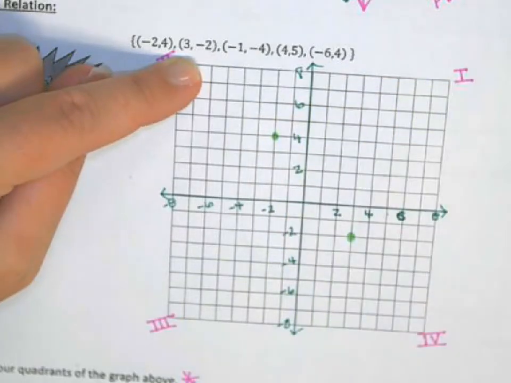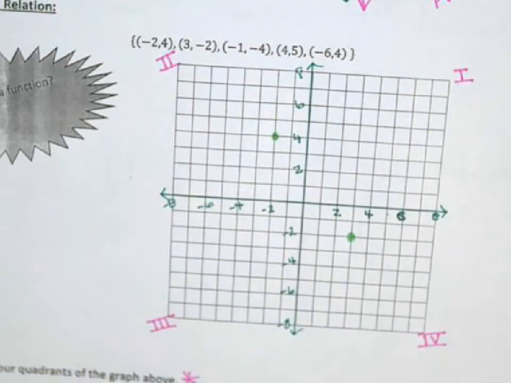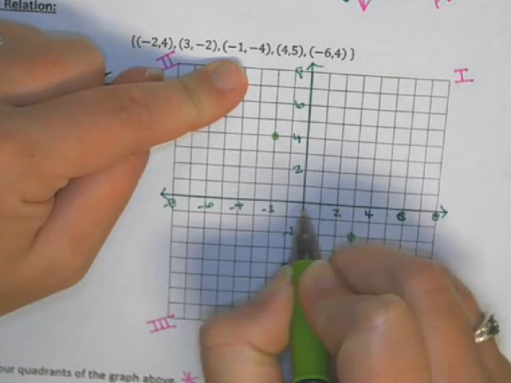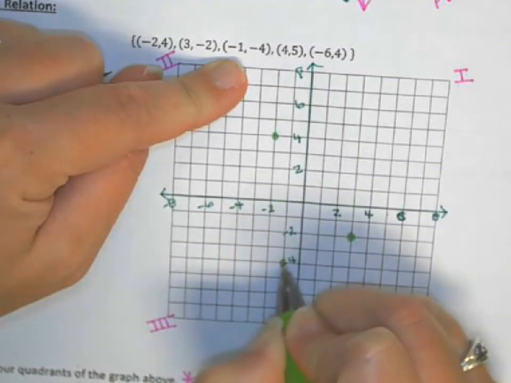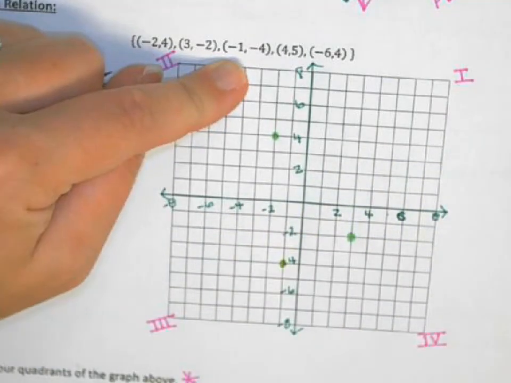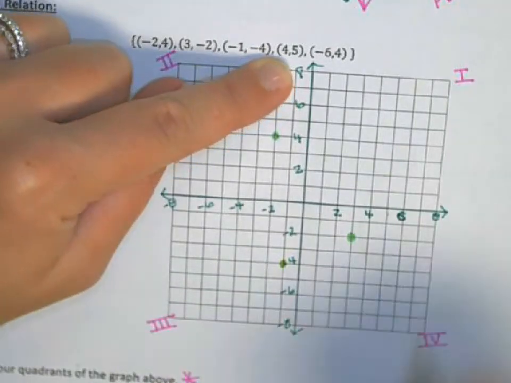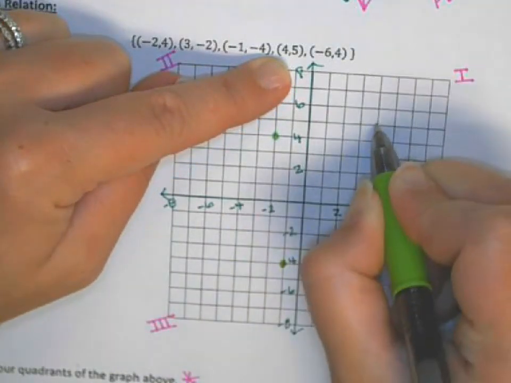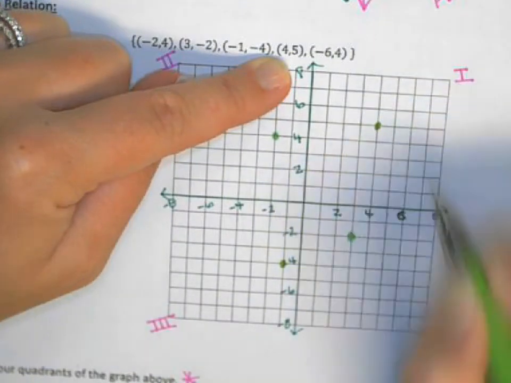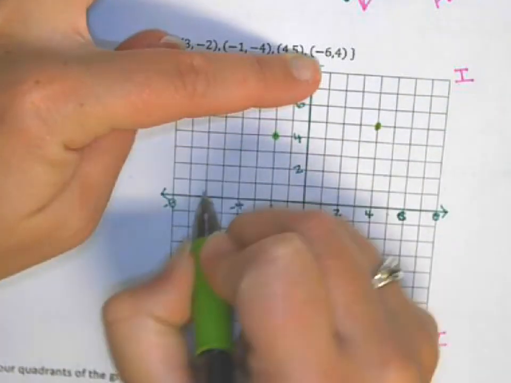It's right here. Left 1, down 4. It's going to be here. Right 4, up 5. Will be here. Left 6, up 4.